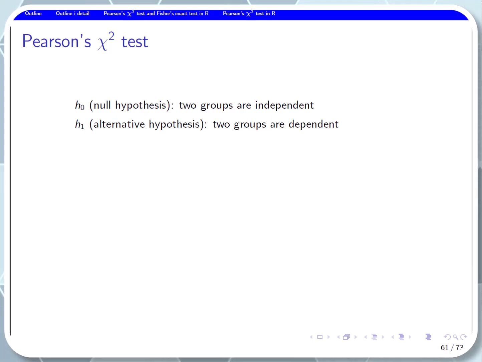We can carry out Pearson's chi-square test and get a p-value. Based on the p-value from Pearson's chi-square test, we either reject the null hypothesis or accept the null hypothesis.